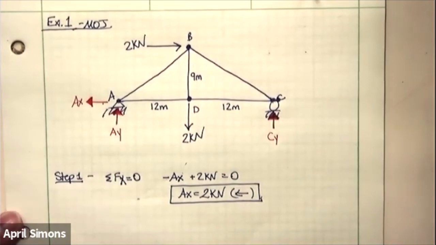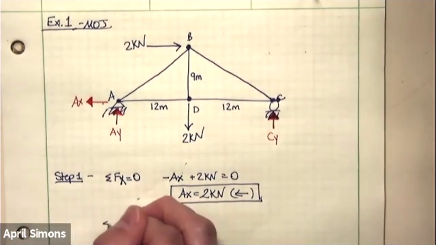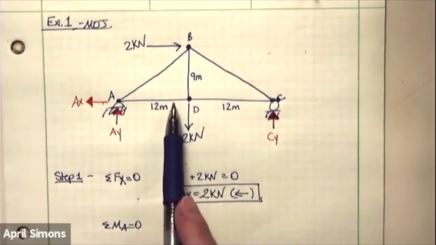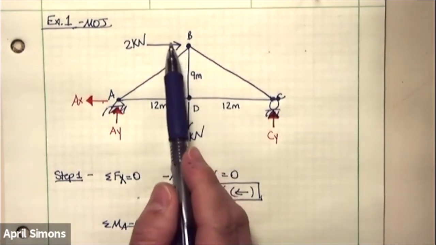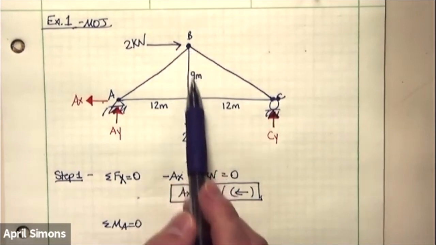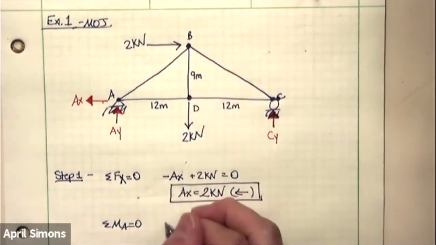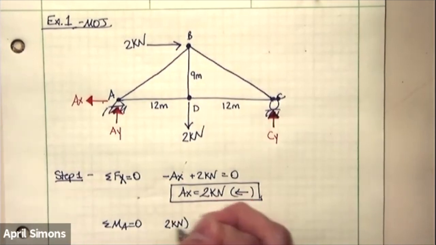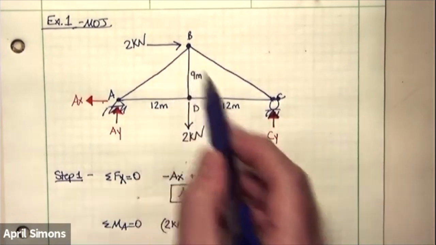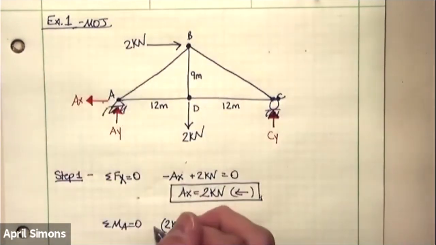Next, we can take moments. Again, I'll take moments about point A here, since that's where our pin is located. So first we have the 2 kilonewton force here times our vertical distance of 9 meters. That's going to be clockwise, so that's negative.